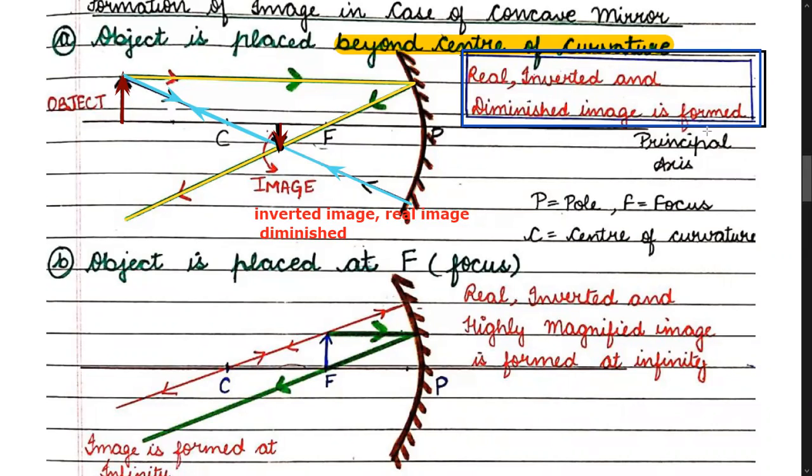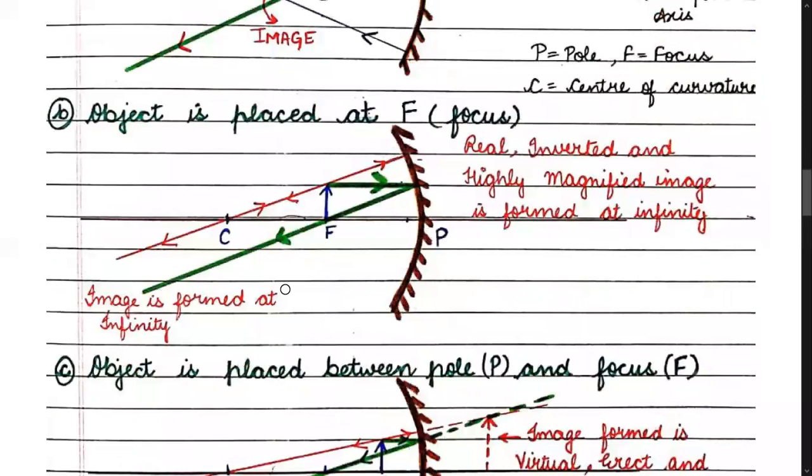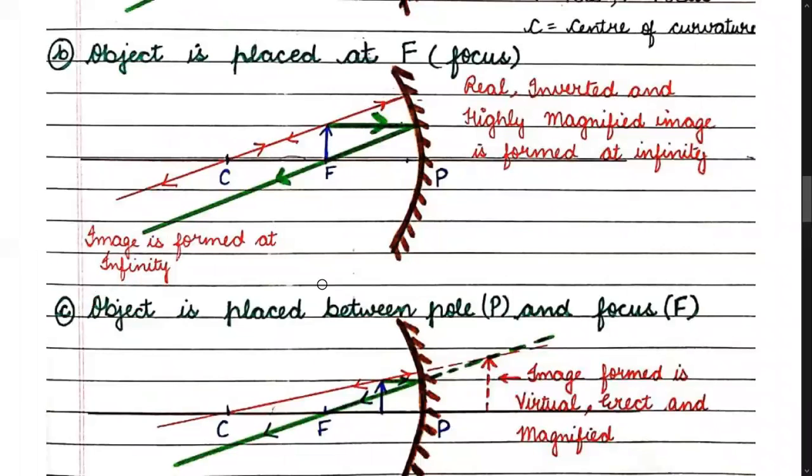Now students, coming to the second point, here the object is placed at the focus point. Now students, see the ray diagram drawn in case B on page number 2 of the notes provided to you on 7th December 2020.